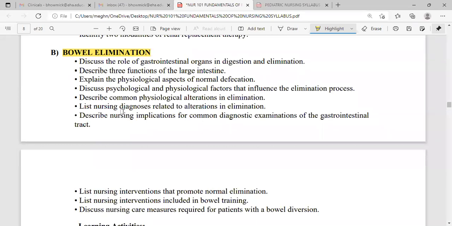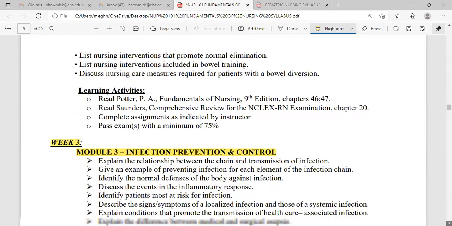Also, list the nursing diagnoses related to alterations in elimination. What are the alterations, like diarrhea or even absolute constipation? Bowel does not move. Describe the nursing implications for common diagnostic examinations of the gastrointestinal tract. What else?